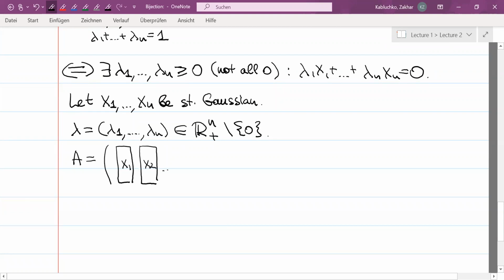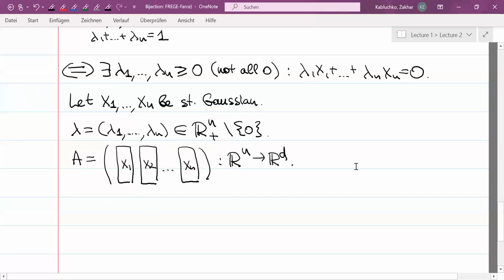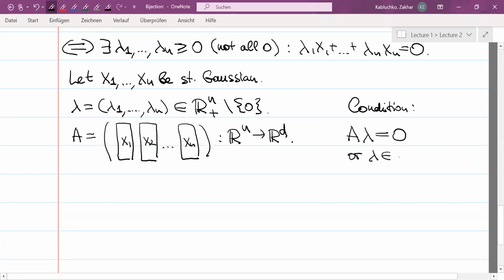So it's a matrix with these columns, and it is a matrix which maps from R^n to R^d. And now the condition which we have, that the combination is 0, takes now the form that the matrix A applied to lambda is 0, or that lambda is in the kernel of A.